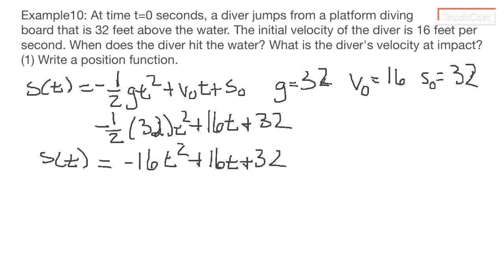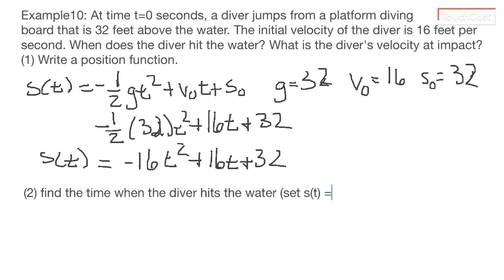Once we've found the position function, the next thing we're going to do is find the time when the diver hits the water, and to do that we're going to set s of t equal to 0, and we're going to solve for t.